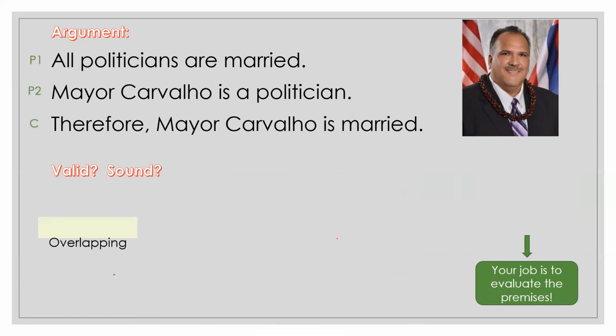Okay, overlapping, disjoint, or subset? And you're right, it's a subset. Go ahead and pause the video to draw your Venn diagram and determine if it's valid or not.